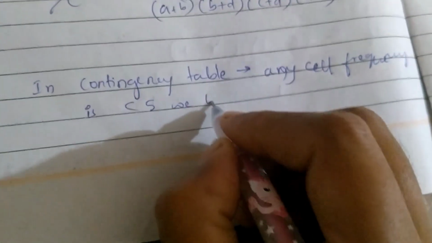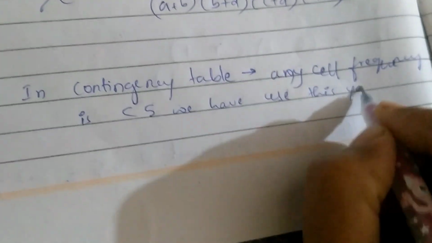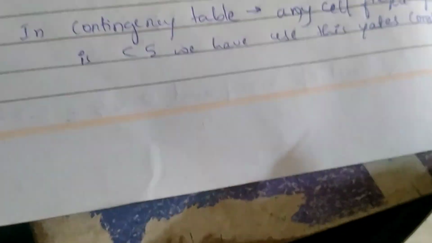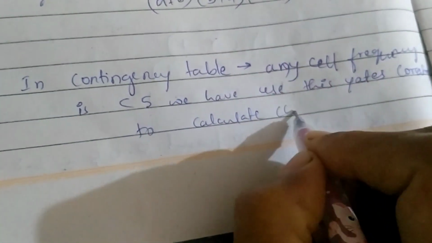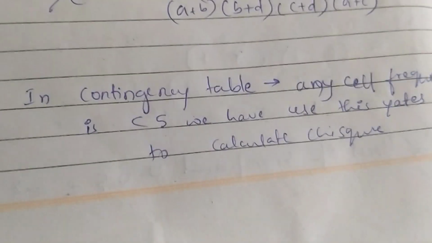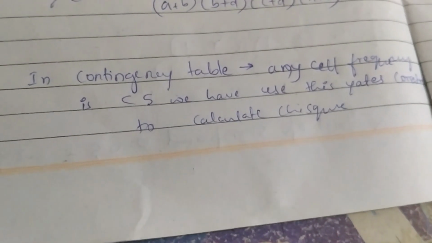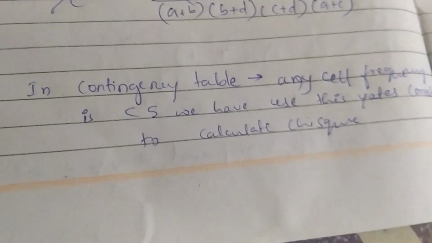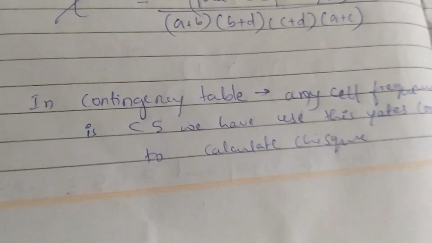Then we use the Yates correction formula to calculate chi-square. Yesterday, in the last class, the problem we discussed was the ordinary chi-square test. But if any cell in the contingency table contains less than 5, we can't use that chi-square formula, we need to use this Yates correction.